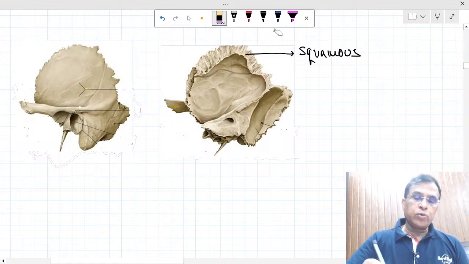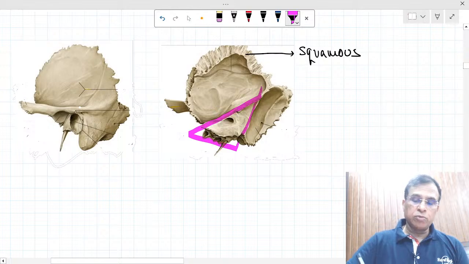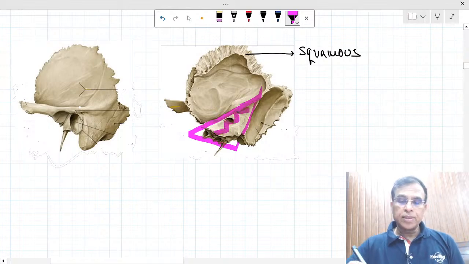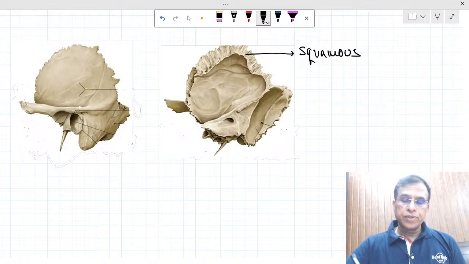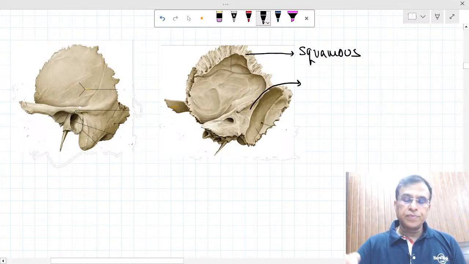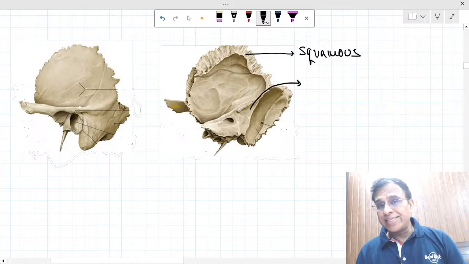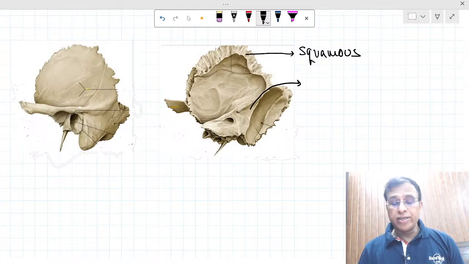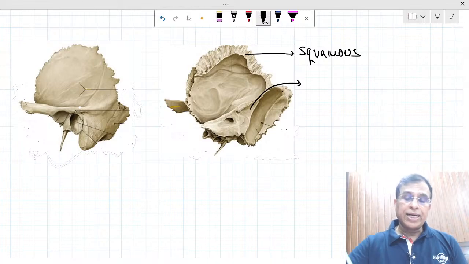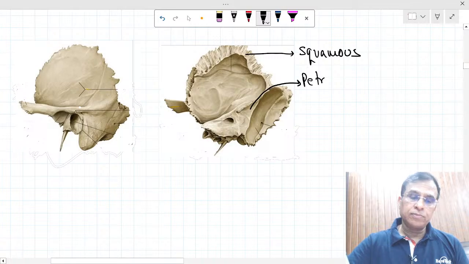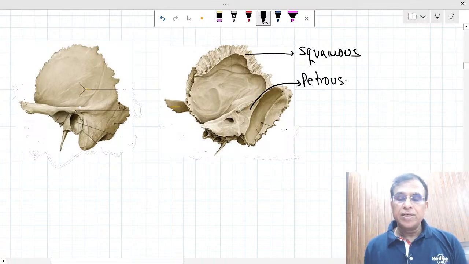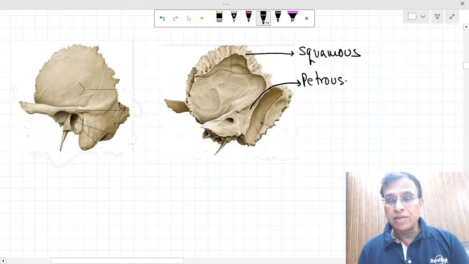Next bone you have to be able to identify and know the name of is this almost triangular bone, which can be seen only from inside; you cannot see it from outside. In the first image you can't see this bone, and this is the petrous bone. If you remember, I told you the ear lies in the petrous part of the temporal bone.